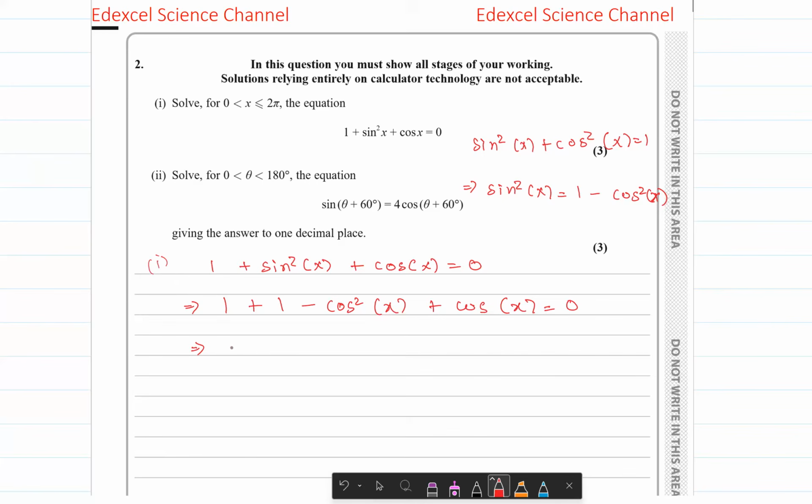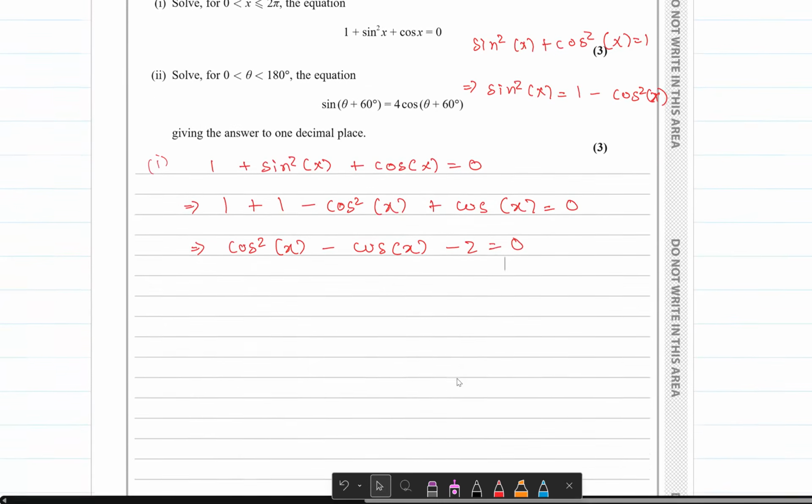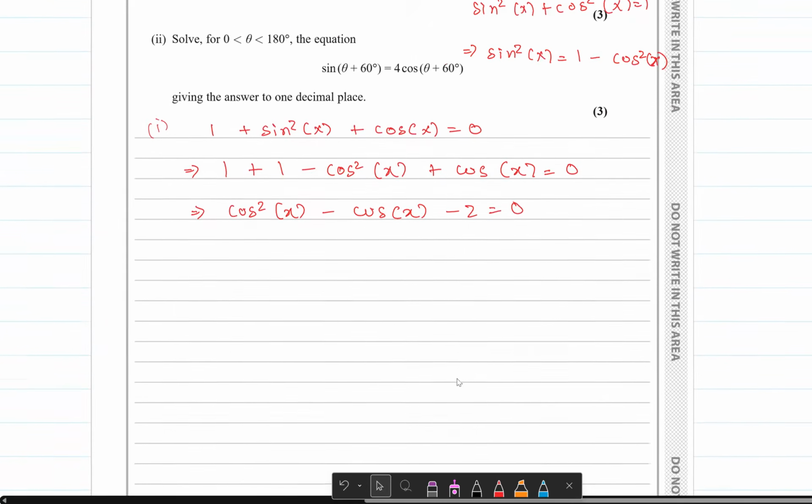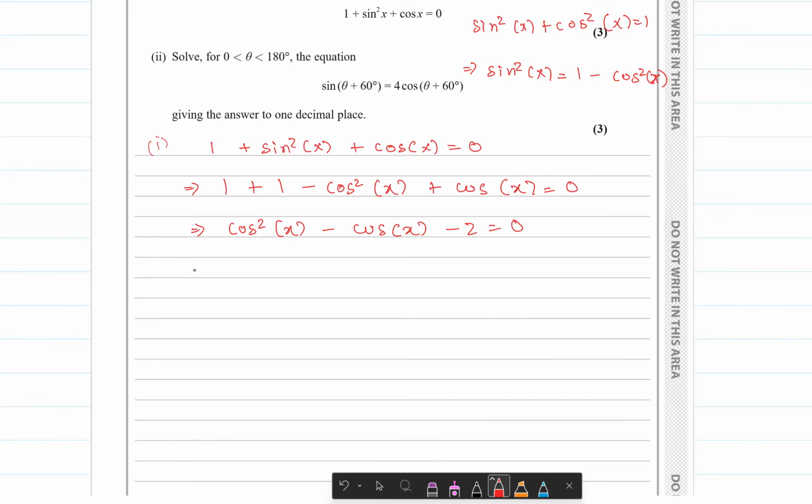So we are left with cos²x minus cos x minus 2 equals 0. Now, this looks like a quadratic equation, right? You can think of cos x as your variable. So something squared, and over here it is to the power half.